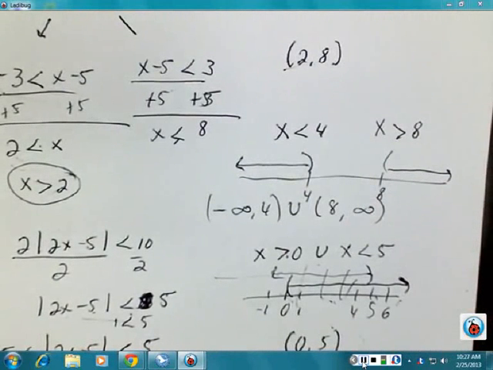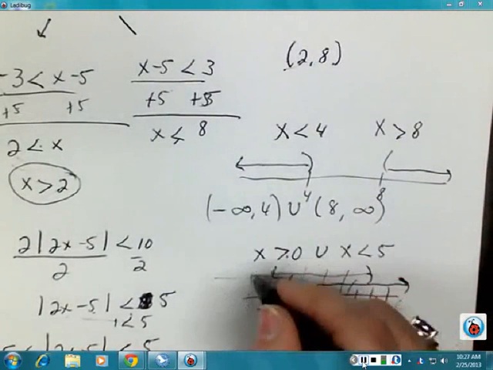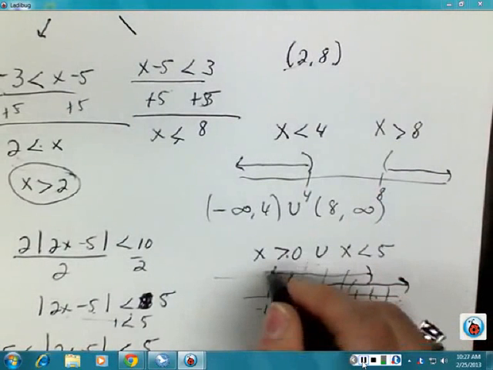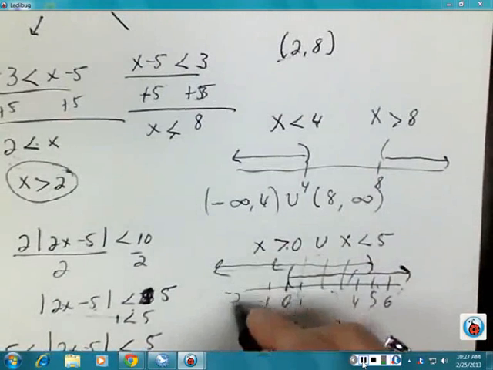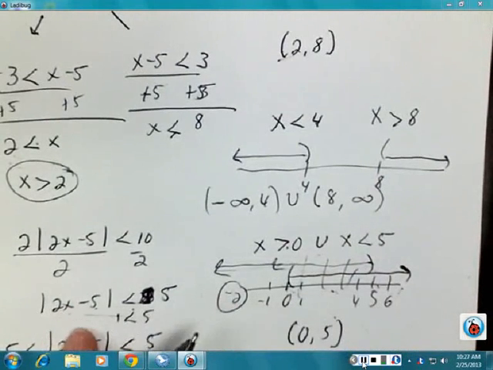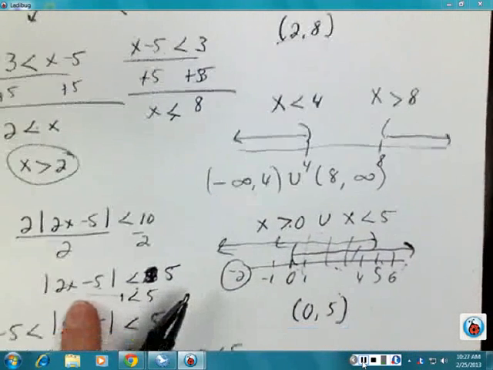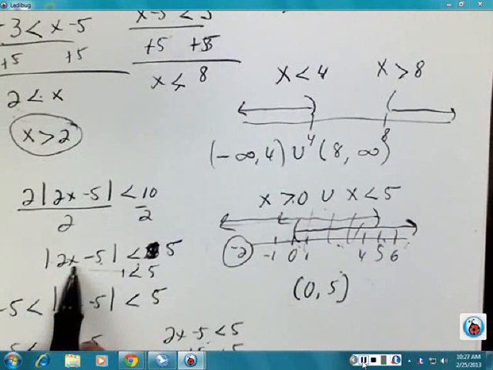Yeah, they keep going. But my problem is, if I pick something out here, because this arrow keeps going right here, but if I picked a -2 for an answer to put in here, it won't work. Because a -2 times 2 is a -4. A negative 4 minus 5 is really a negative 9.